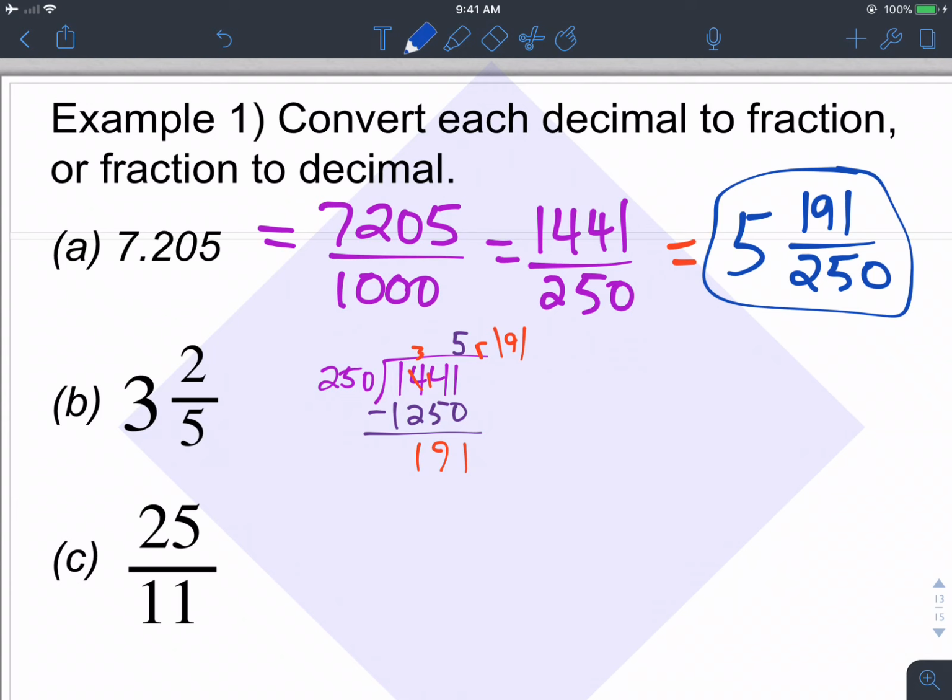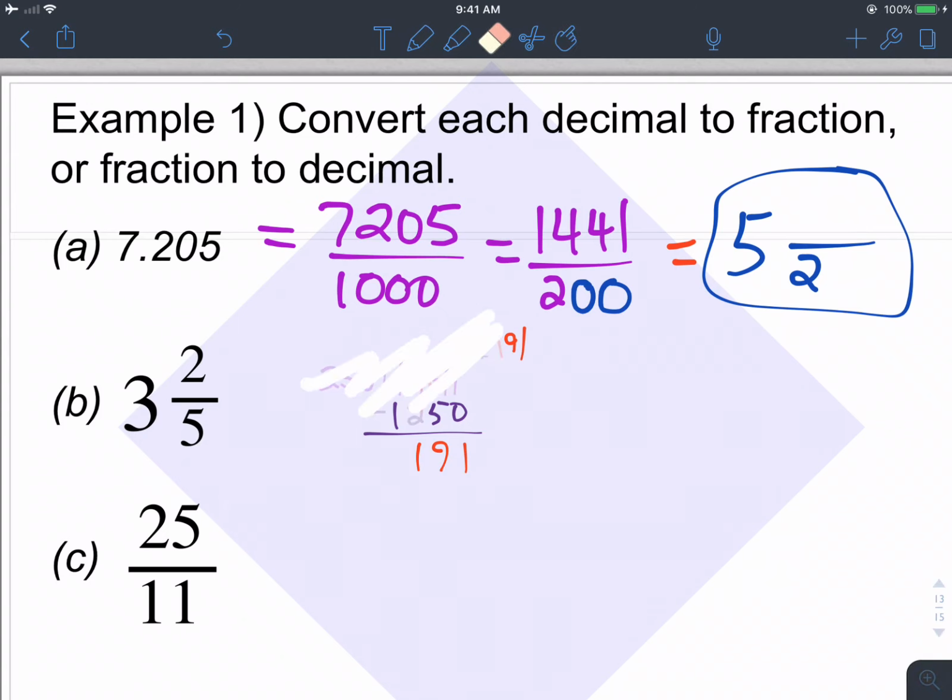Oh, you know what I did, people? 1,000 divided by 5. Sorry. It's not 250. It's 200. So I'll do it again real quick. Sorry.